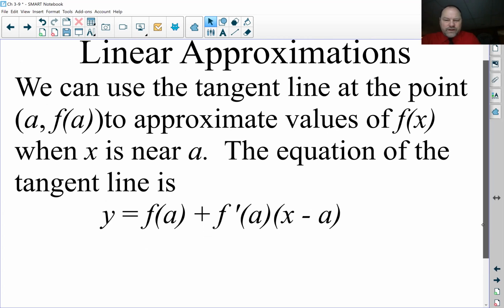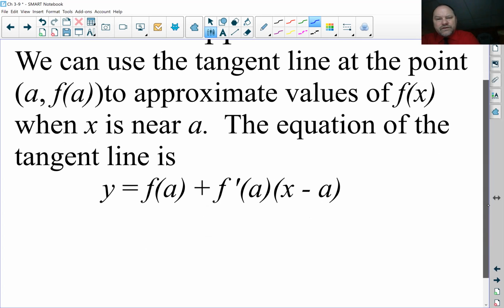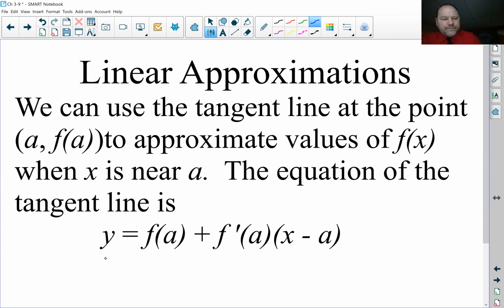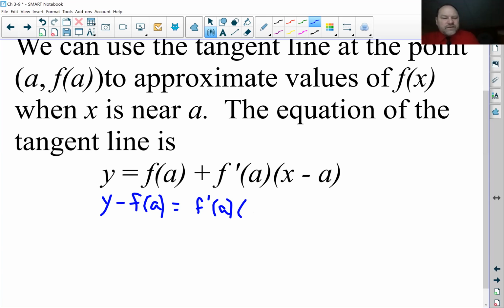So we could rewrite this equation in point slope form. y minus the y value, which is just f of a, is equal to the slope times x minus the x value, which we're told, the x value we're using, a.